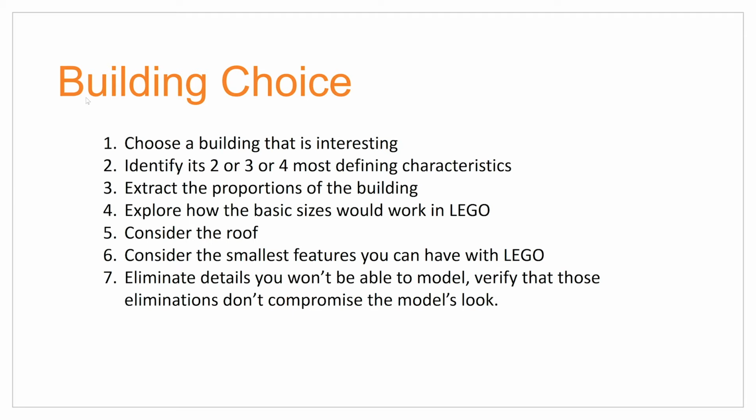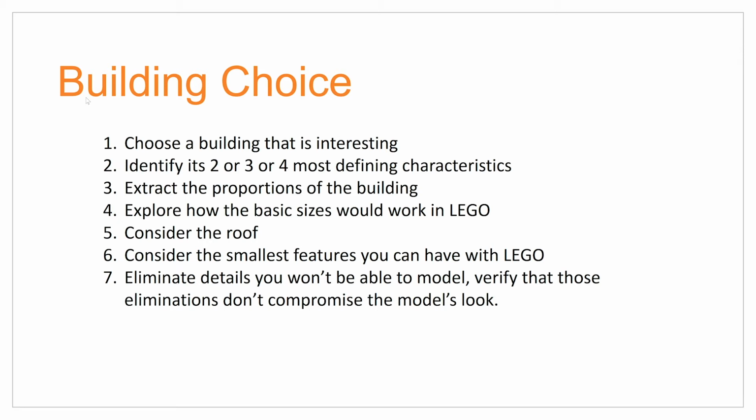All right. Once you've extracted out the proportions of the building, you need to explore how the basic sizes would work in Lego. And one of the ways that I like to do that is that I generally think about the roof, because the roof is like a giant deal. If the roof is super complex, you're going to find that the Lego parts don't exist for those things. And so if you have a really complex roof, I would suggest choosing another building.